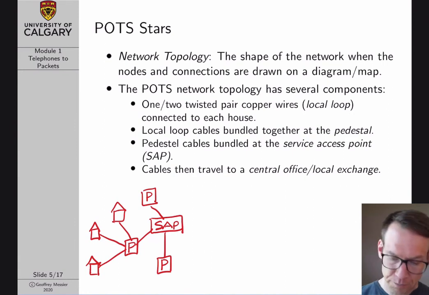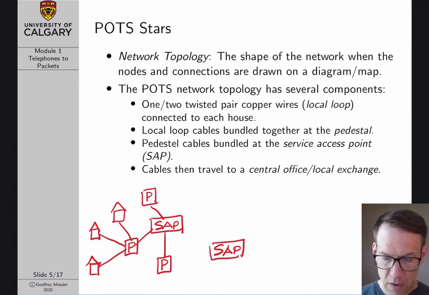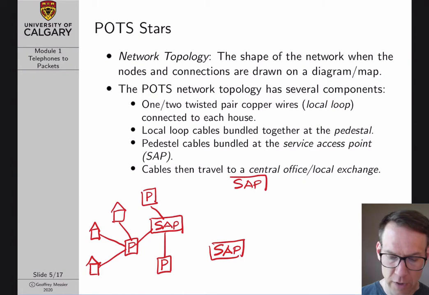And then finally, we have multiple service access points around the city, all connected to what we refer to as a central office, or CO. Sometimes COs are also known as local exchanges.